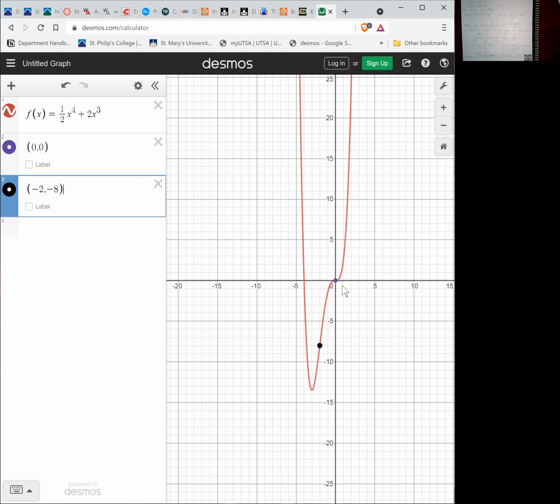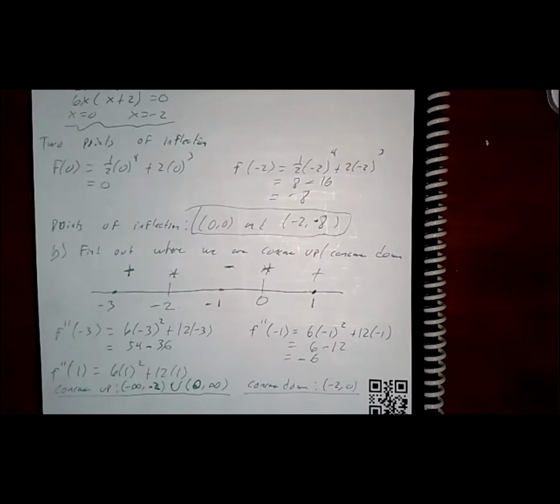So we had two different changes in concavity, giving three intervals: two combine for upward and one for the downward, the little one in between. Looks like that's what they got here.